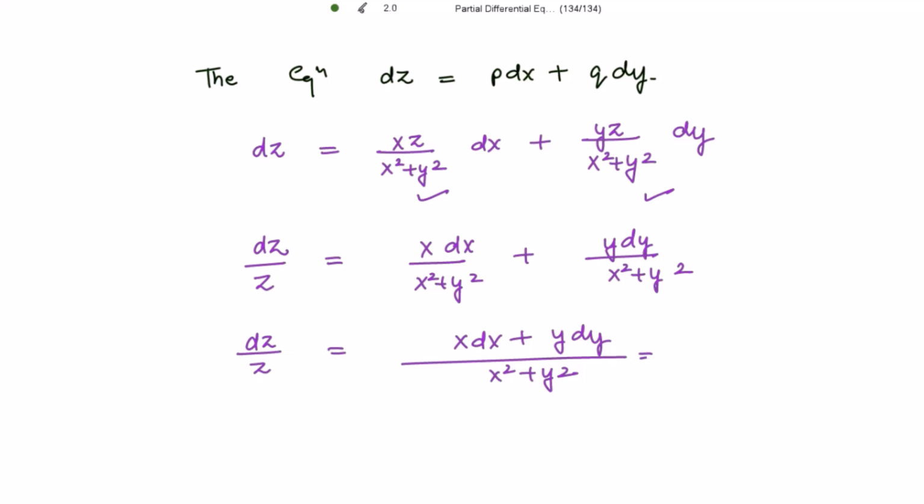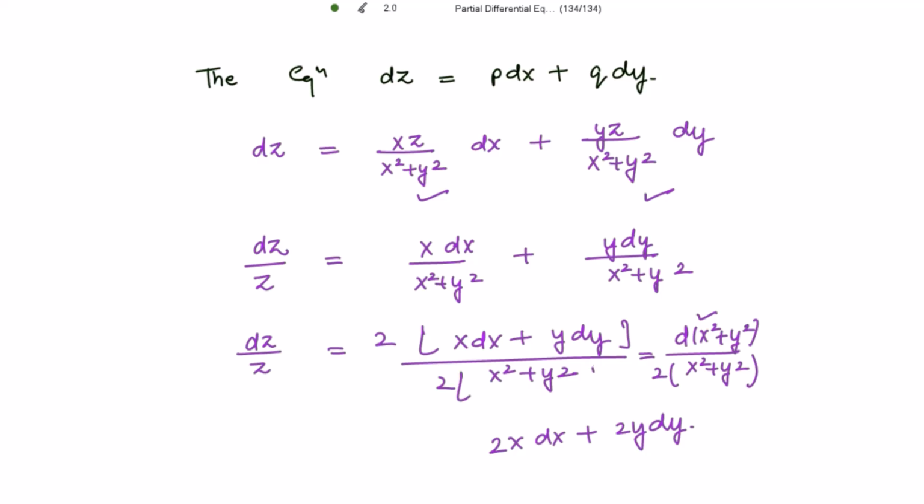We can write this to be equal to derivative of (x square plus y square) divided by (x square plus y square) into 2. Because when you differentiate this numerator, you are getting 2x dx plus 2y dy. So for that you need to multiply and divide by 2. Right? So that numerator becomes d(x square plus y square) and denominator is 2 into (x square plus y square).